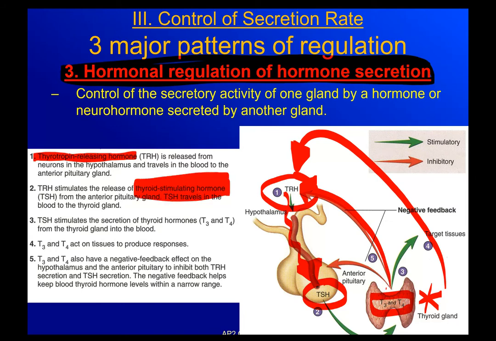So what do you think that hormone stimulates with a name like thyroid stimulating hormone? Exactly. TSH goes to the thyroid and it causes the thyroid to release thyroid hormone. So TSH stimulates the secretion of the thyroid hormones.